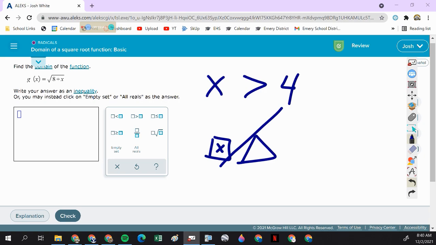Right? So if I put 1 pound there, is it going to balance? No. If I put 2 pounds there, is it going to balance? No. If I put 3 pounds, is it going to balance? No. If I put 4 pounds, is it going to balance? No. But if I put anything bigger than 4, then the right side will weigh more. All right?